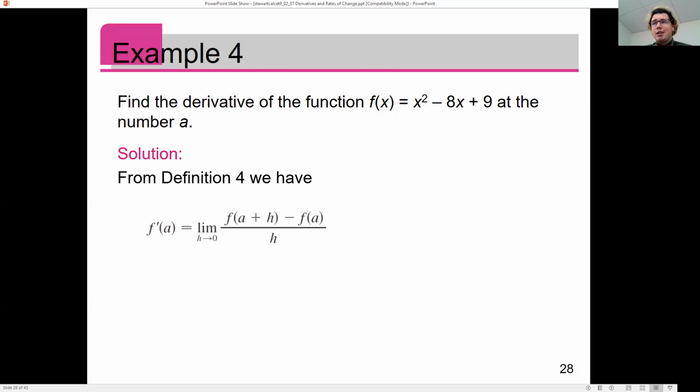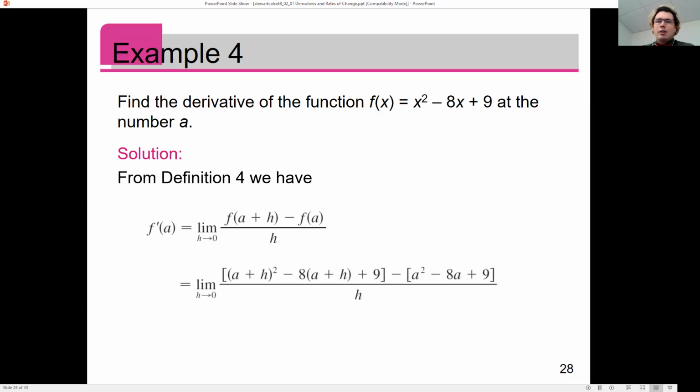Let's actually put in the formula for the function. So the formula this time is x squared minus 8x plus 9. So here I have the limit, and I've got quantity a plus h squared minus 8 times quantity a plus h plus 9. And all of that is minus the quantity a squared minus 8a plus 9.